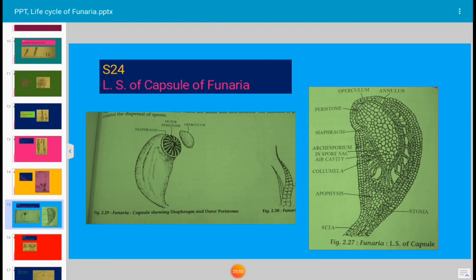Immediately toward the inner side there are peristomial teeth, and these teeth surround the mouth of the capsule. Below the annulus, 2 or 3 layers of radially elongated, thick-walled cells are present which form the diaphragm, also known as rim. It forms the upper end of theca.